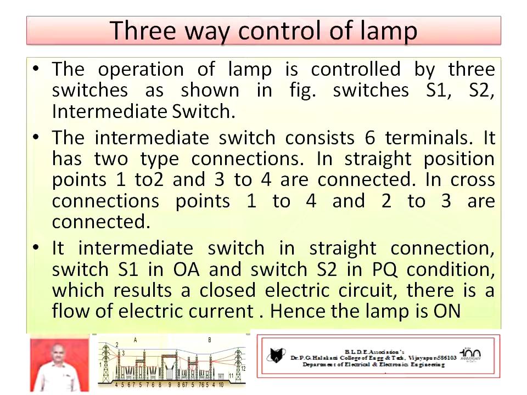Such a connection is referred to as cross connected. So, with the intermediate switch position in straight, switch S1 in OA position, switch S2 in PQ condition, which results in a closed electric circuit. Hence, again there is a flow of current, the lamp is on.